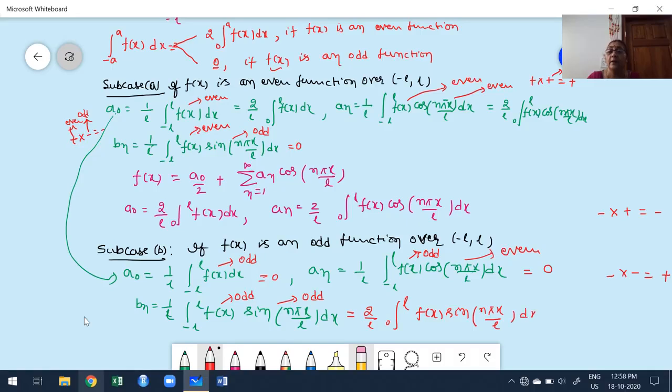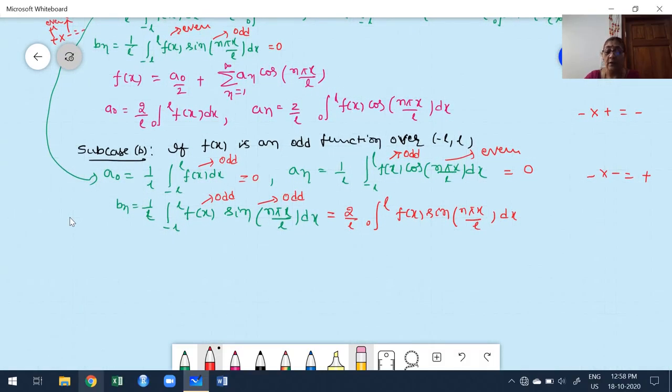Suppose the given function is an odd function in the given interval minus L to L, there is no need to find out a naught and a n, b n. Just find out b n. Therefore, see, the modified formula for f of x being an odd function in the interval minus L to plus L: what is my formula for construction of the Fourier series?